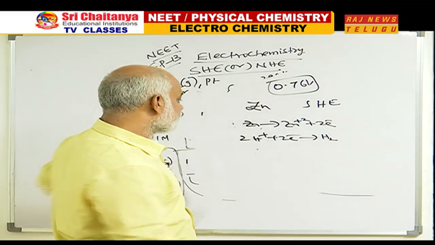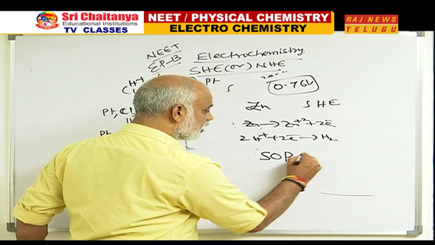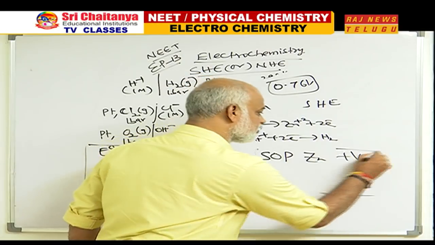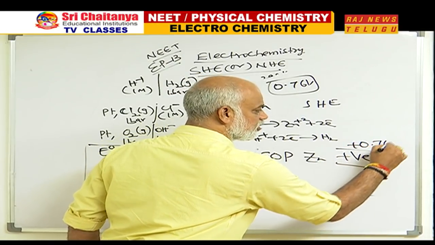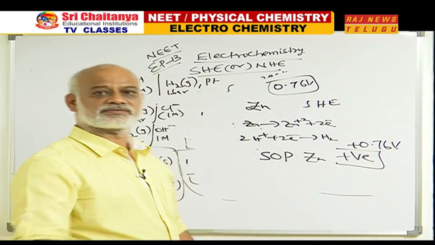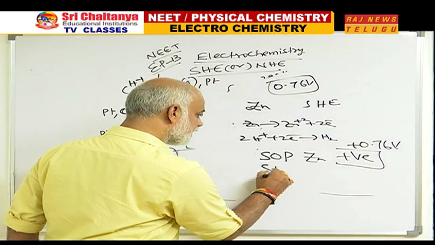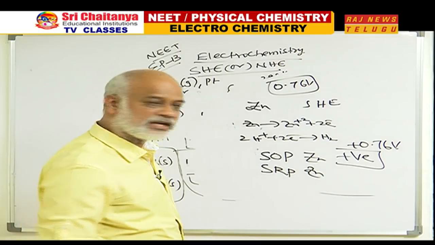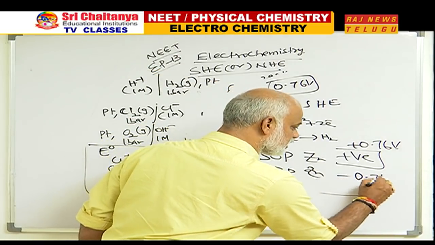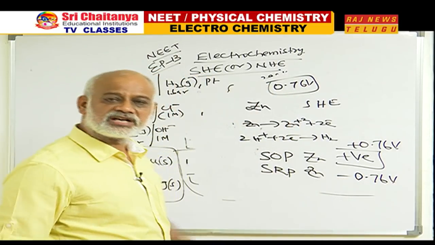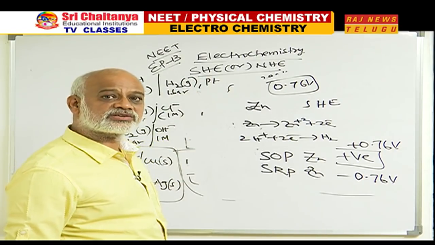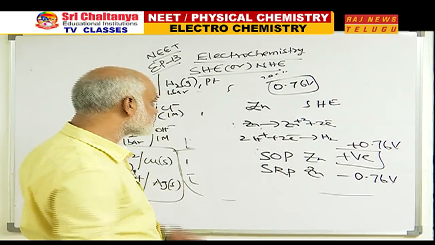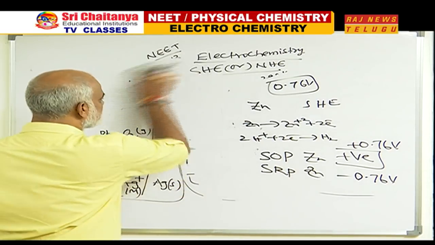Therefore, SOP of zinc should be taken positive. What is that value? Plus 0.76 volts. Therefore, what will be SRP of zinc? SRP of zinc will be minus 0.76, because the reaction at zinc electrode is spontaneous oxidation. This is the case. How to represent it, sir?